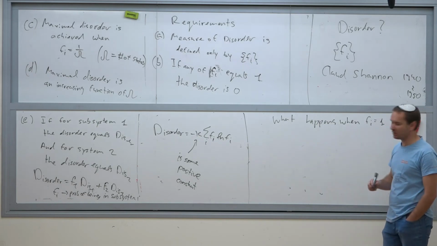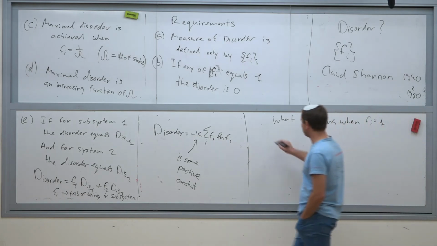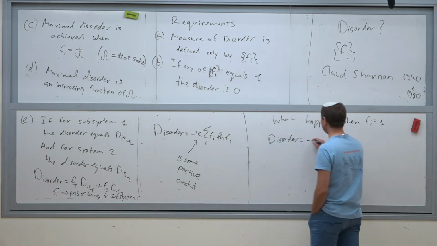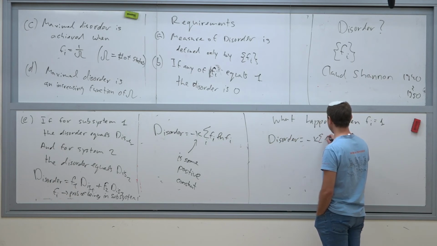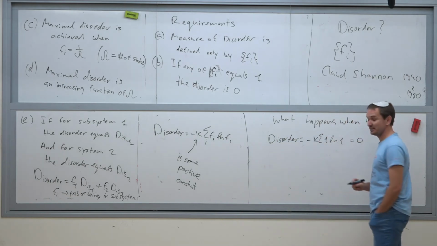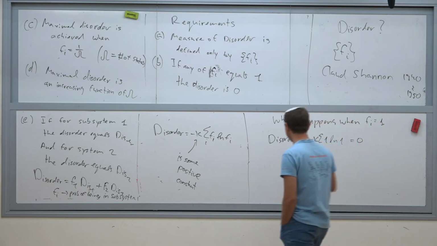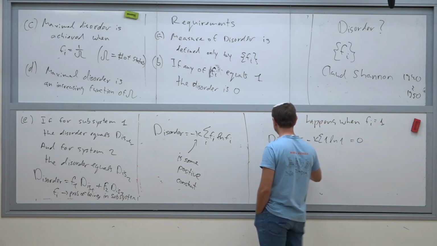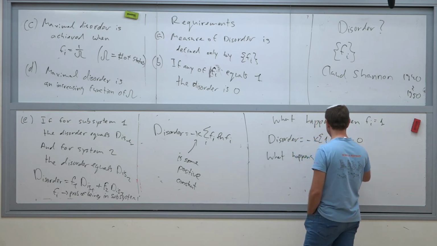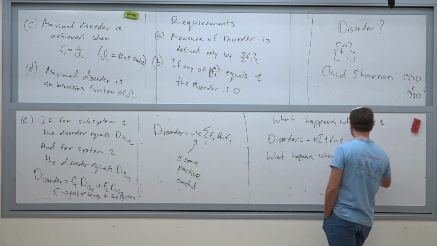There is one specific fi that equals 1. So disorder equals minus k sum of 1 times log of 1, which equals exactly 0. Very simple. Now what happens when fi equals 1 over omega?